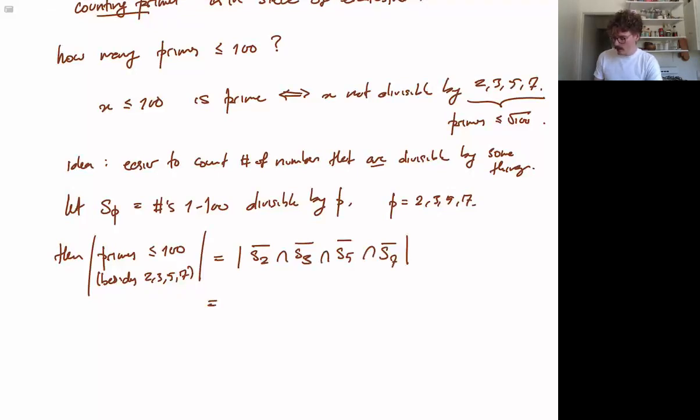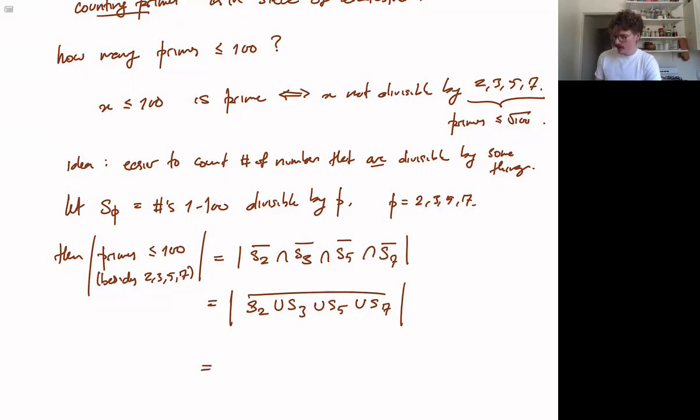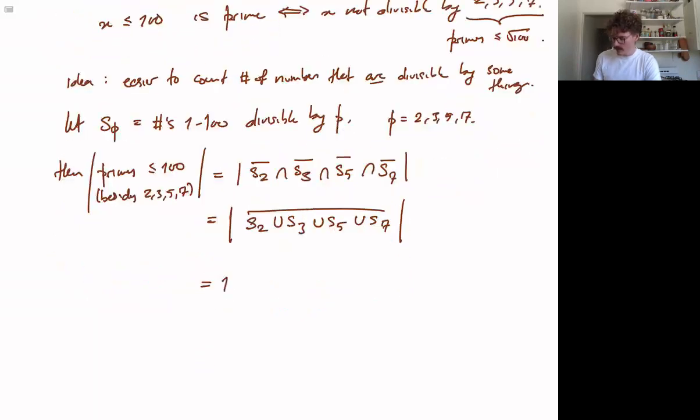So by good old De Morgan's laws, this intersection of complements is the complement of the union: S2 union S3 union S5 union S7, complement of this whole thing. And by our complement rules, this is equal to the size of the total set.